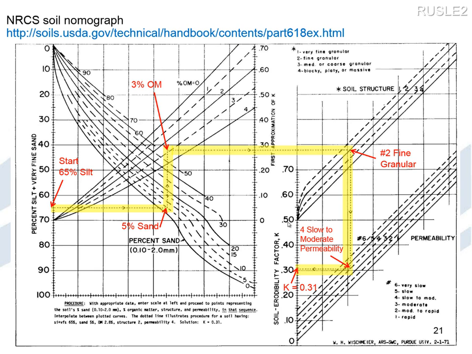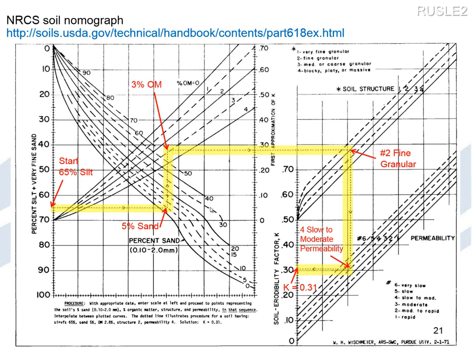You can fool around with different combinations of silt, sand, and organic matter and arrive at all different estimates for K factor. This is an overview of how you would get a K factor based on lab data. It's pretty straightforward, and you can see the ranges we talked about, 0 up to about 0.69 or 0.7.